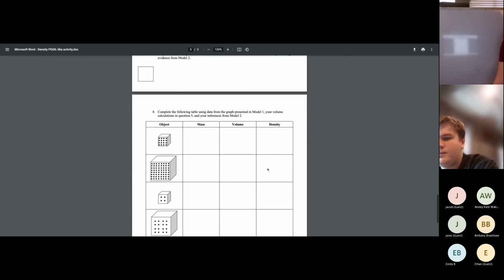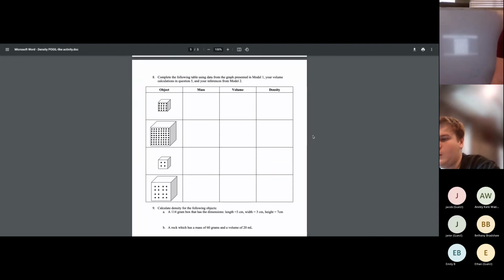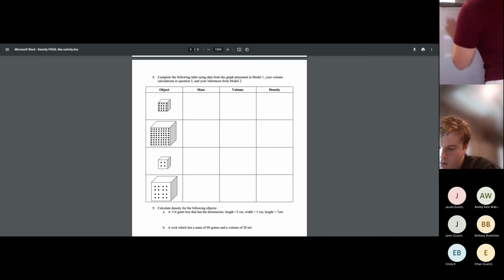Okay, so we want to calculate and confirm this, right, with our first two objects. So we have already calculated the mass and volume for each of these, right? So we're going to look at the density now. So we'll do the first object together. So the mass of this object, object A1, was how many dots it had? So how many dots did A1 have?